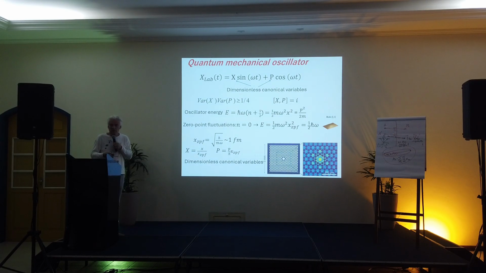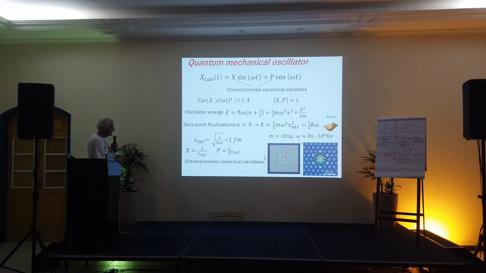1 femtometer, is it small? Well, it is small. But if you put this thing in a cavity, measuring 1 femtometer displacement is a piece of cake. You do it all the time. It's not a problem at all. You just need an oscillator, I mean an optical resonator, with a finesse of maybe 1,000 or 10,000. You can do it.